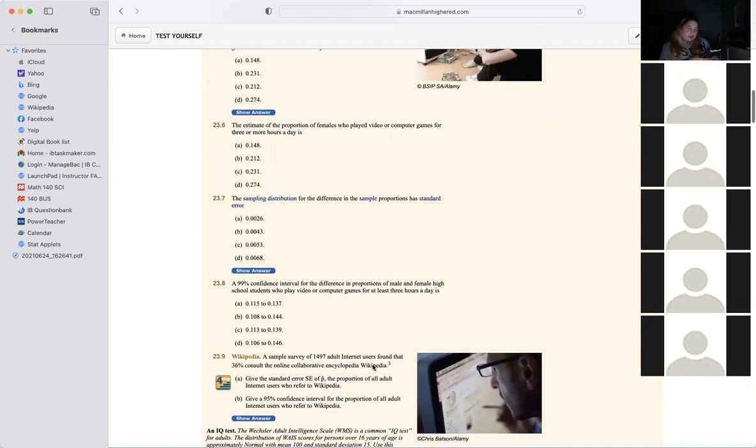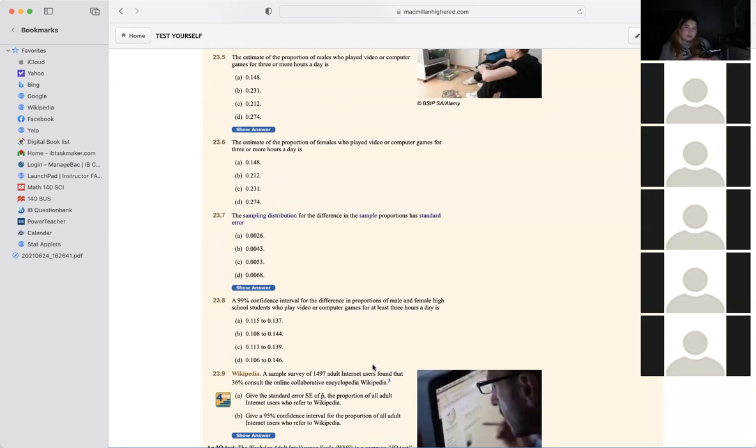Number 9. A sample survey of 1,497 adult internet users found that 36% consult the online collaborative encyclopedia Wikipedia. It's got to be more than that. I go on Wikipedia every day.